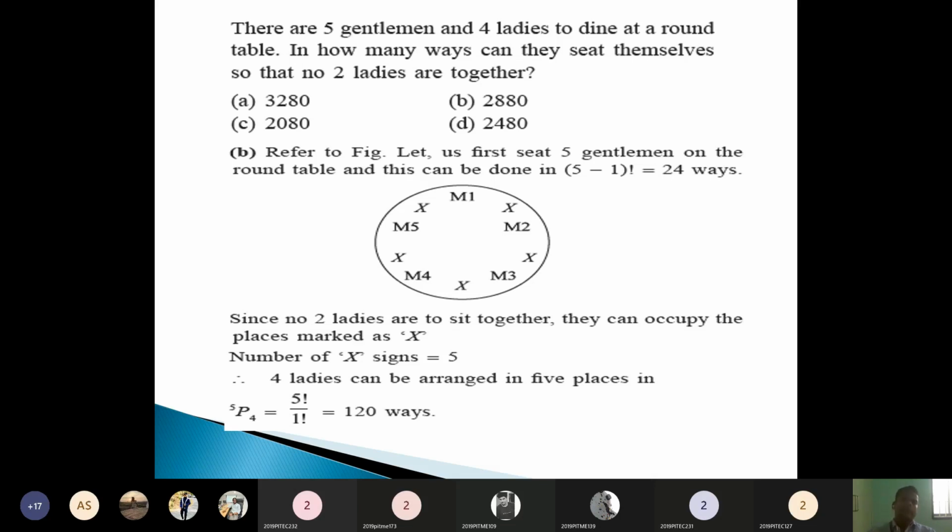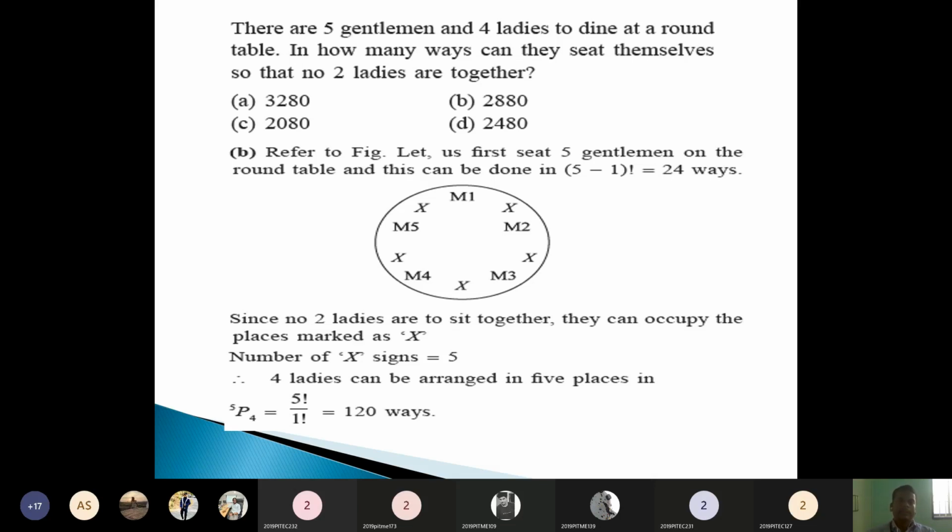So hence 5P4, that is 5 factorial divided by 5 minus 4 factorial. So 5 factorial is 5 into 4 into 3 into 2 into 1. So 120 different ways the ladies arrange themselves at the round table. Then multiply with 24, you will get the final outcome.